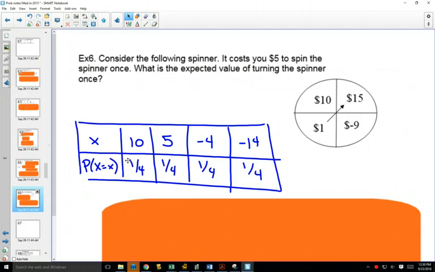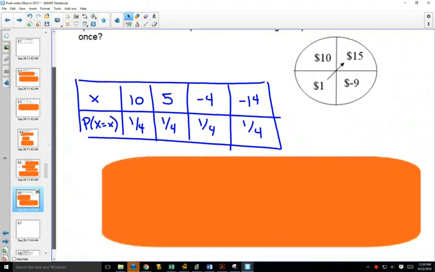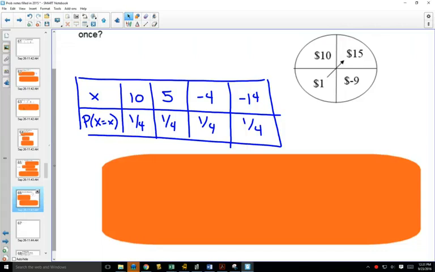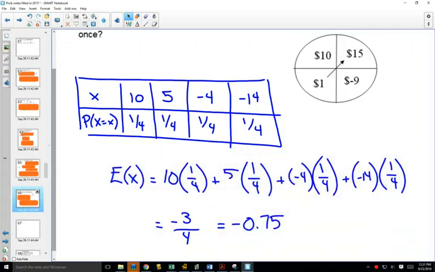If I spin the 10, I'm only going to win $5 because I've already spent 5 to play, and -4 and -14. Then if we do the expected value from here, we're going to get -3 over 4, or we're going to expect to lose 75 cents.